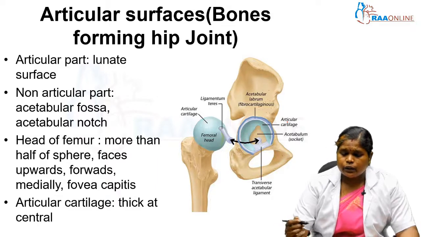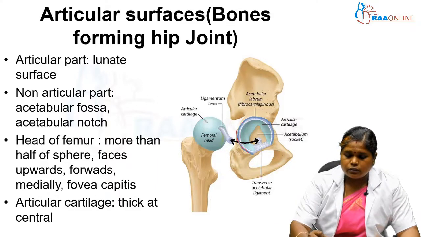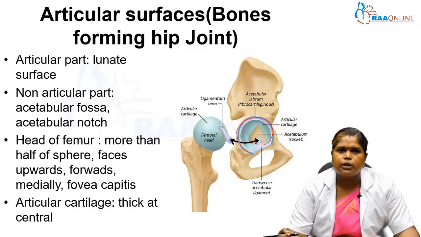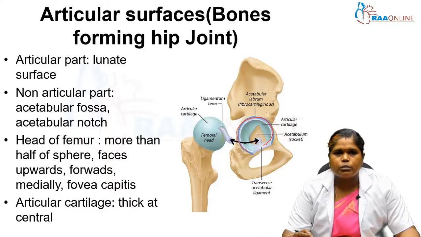Here you can see the acetabulum, which is a circular structure, a hollow cup. It is known as acetabulum because its shape looks like a vinegar cup, a shallow cup. This acetabulum has different parts, so it is not wholly articular.